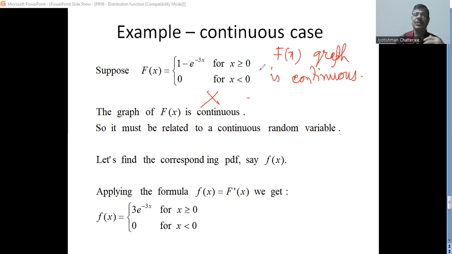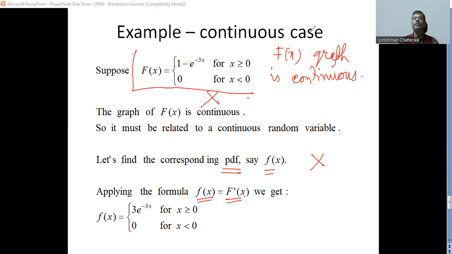And when the random variable is continuous, it must have a PDF, not a PMF. So in this scenario, we must calculate the PDF, small f(x), of the random variable capital X. We know that small f(x) is related to capital F by this formula. If we take the derivative of capital F, we'll get small f. And the functional form of capital F is given by this.